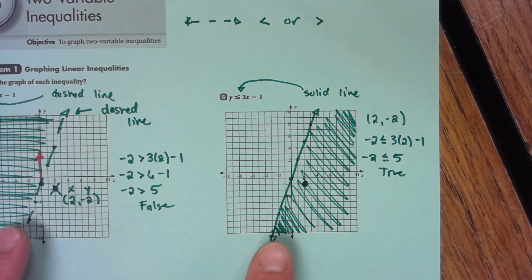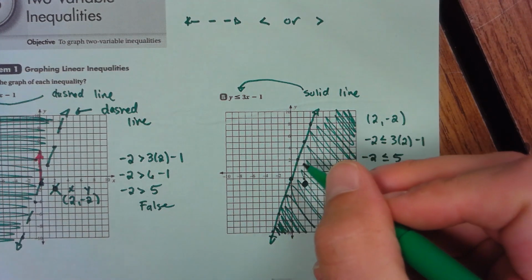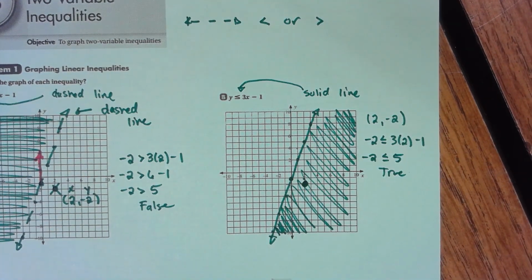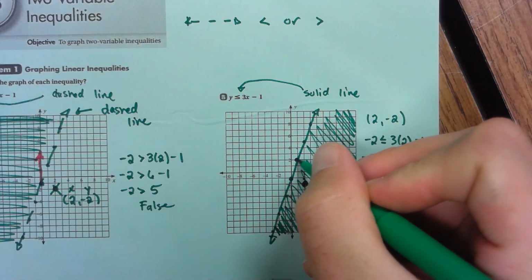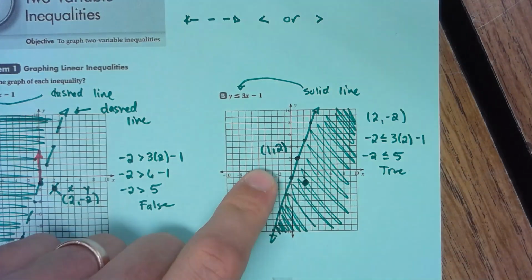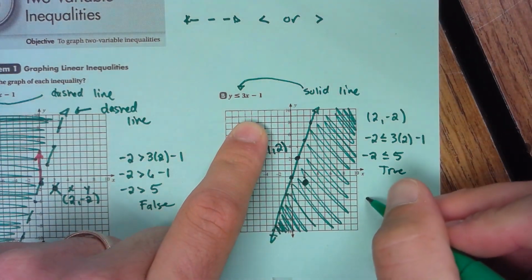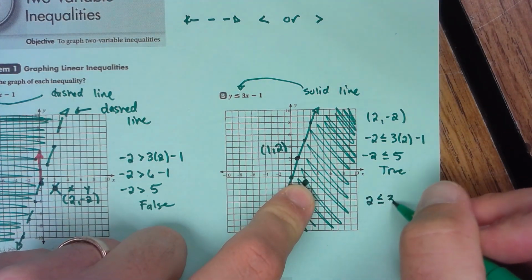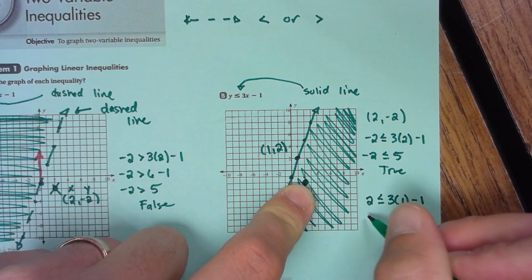So the last quick thing I want to touch on here is the difference between a solid line and a dashed line. The solid line means that the points still make the inequality true. So let's take this point right here, for example, which is 1, 2, and let's see what happens when we plug that back in. So I get 2 is less than or equal to 3 times 1 minus 1.